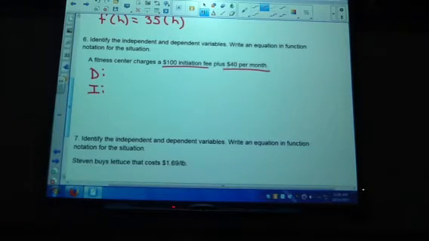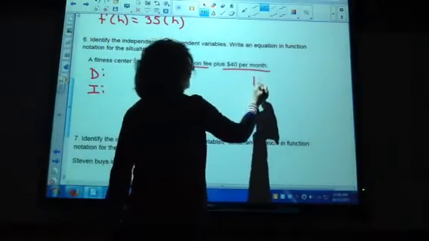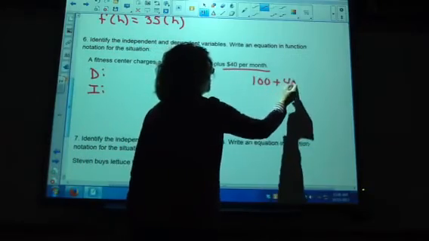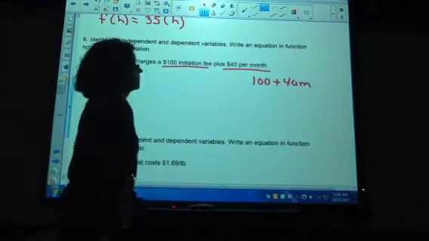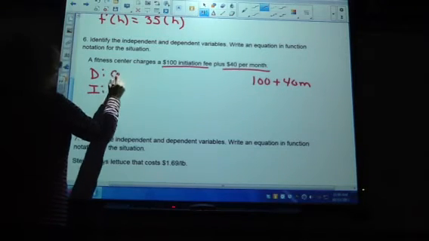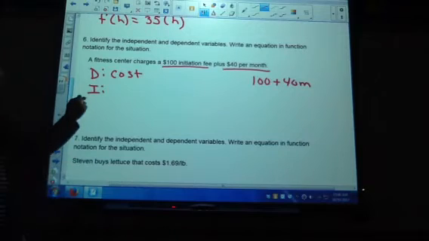Okay, so our dependent, the total cost depends on what? Well, you pay $100 up front no matter what. Okay, and then it's $40 per month. So our cost, which is going to be our dependent, depends on what? It depends on the months.